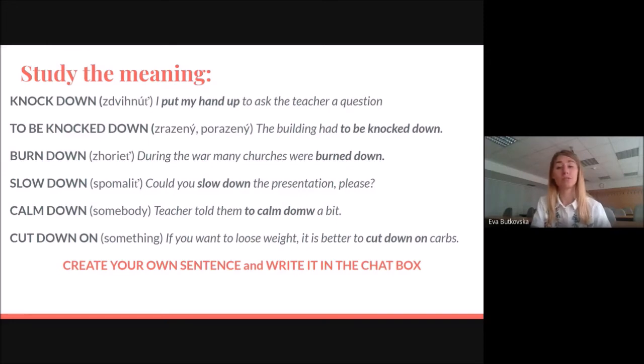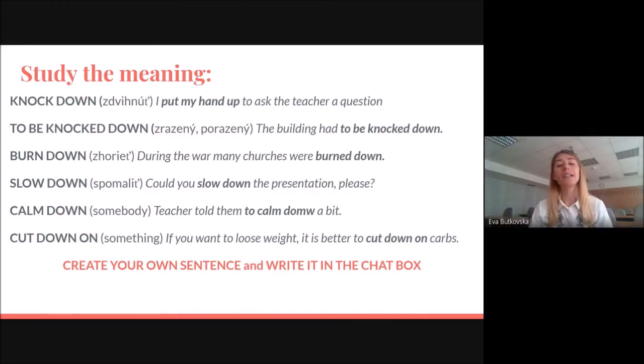Or slow down. Could you slow down the presentation, please? You could say that to me, and I would do it more slowly. As well, we said calm down. So the teacher told me to calm down a bit if I was very energetic, let's say, or to calm somebody down, to make somebody calmer.